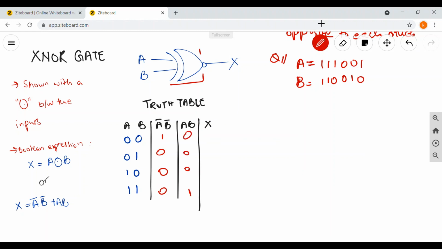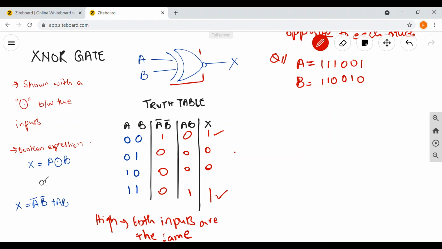Now we're just gonna add them up together, which is this. Now in this you can see that you're getting a high output when both the inputs are the same. You can see that if it's a 0 and 0 we have a high output, and if it's a 1 and 1 we have a high output.